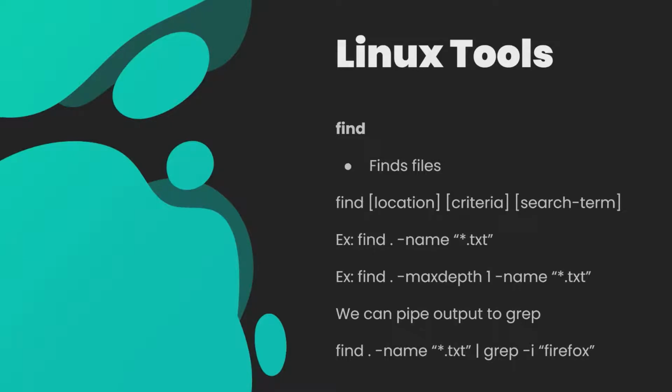Okay. So yeah, it would only search for files that end in .txt. And another example, you can also specify the depth in which you want to search. By default, it will search through the current folder and any and all folders that are below your current folder. Sometimes you don't want that.